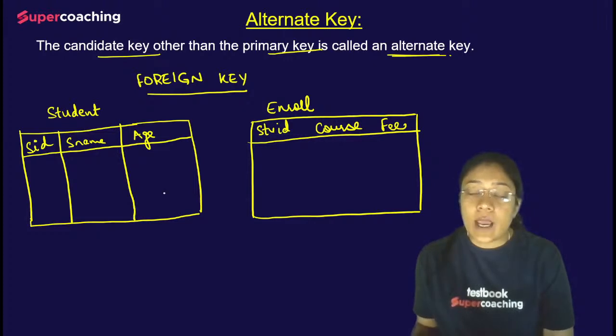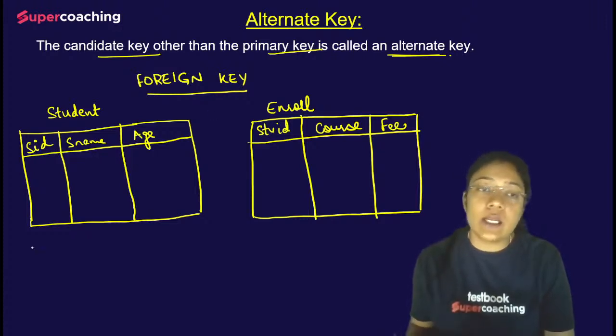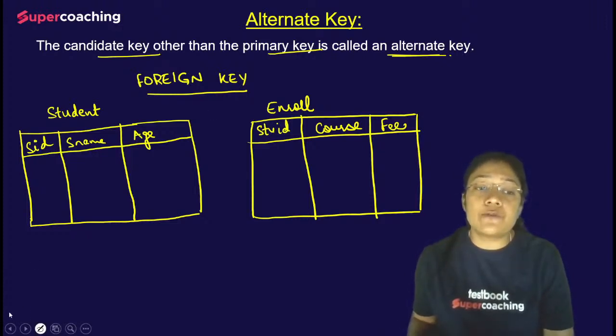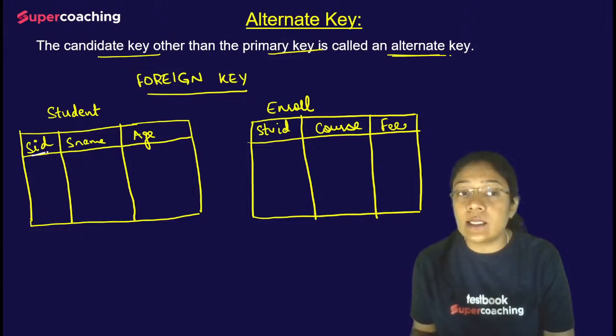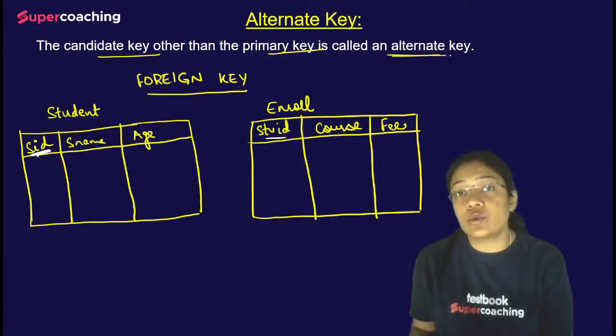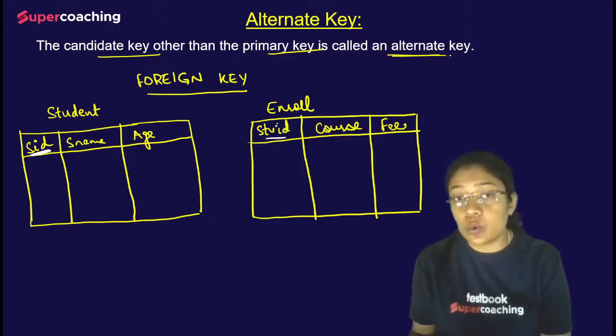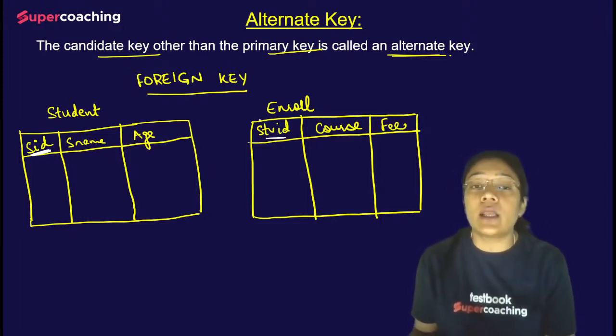Let us assume that initially no student is enrolled. Okay? Now one thing should be clear here: only those student IDs can come in the enroll table. For this relation, SID is the primary key. In the enroll table, the only allowed student ID should be an SID of the student table, because only a student who has filled the registration form can take admission in the enroll form.